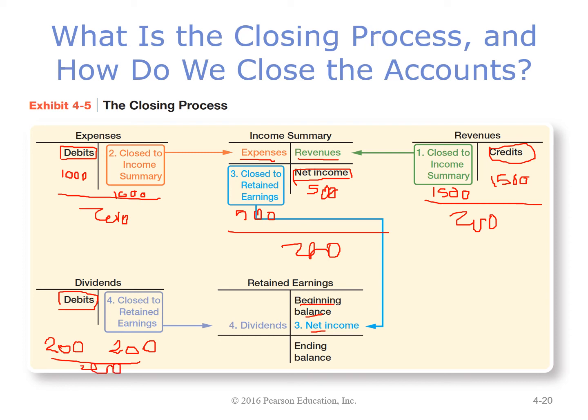And this 200 will be here as dividend, and this is 500. So the net effect on the retained earnings is 300. As if we are doing the retained earnings statement, starting with the beginning balance, adding the net income, decreasing the dividend. So this is the end balance.